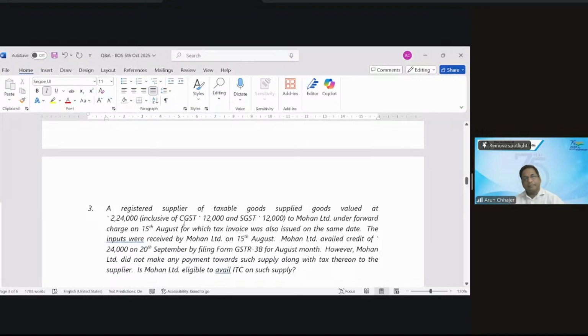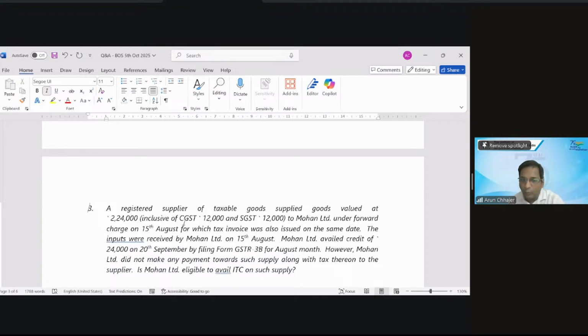A registered supplier of taxable goods supplies goods valued at 2,24,000 including GST. GST is 24,000 under forward charge basis on 15th August, for which the tax invoice was also issued on the same date. Inputs were received on 15th August.